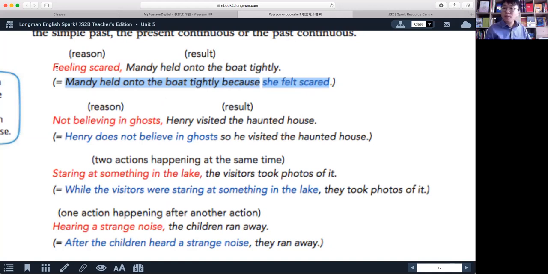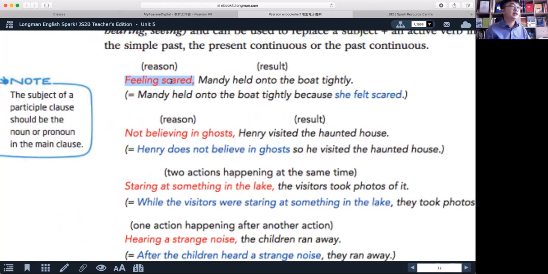We can use present participle clauses to help us, just like here. Feeling scared, comma, Mandy held onto the boat tightly. So this phrase, highlighted in red, is what we call a present participle clause.